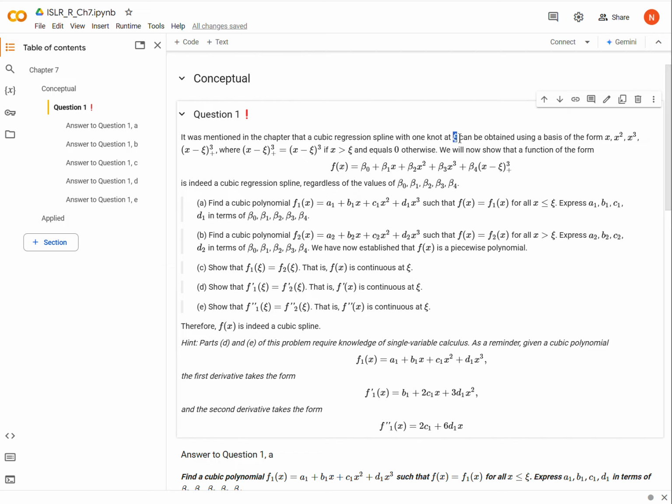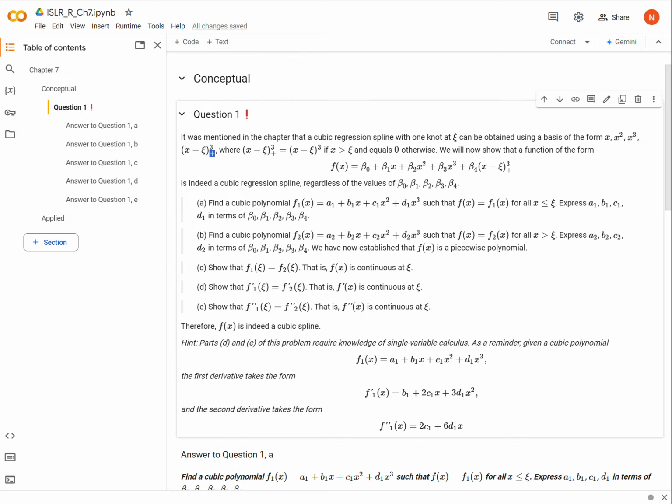I think that's called xi, I'm going to call it that, was obtained using a basis of the form x, x squared, x cubed, and then this expression right here, x minus xi cubed, where this little subscript indicates for values greater than xi.